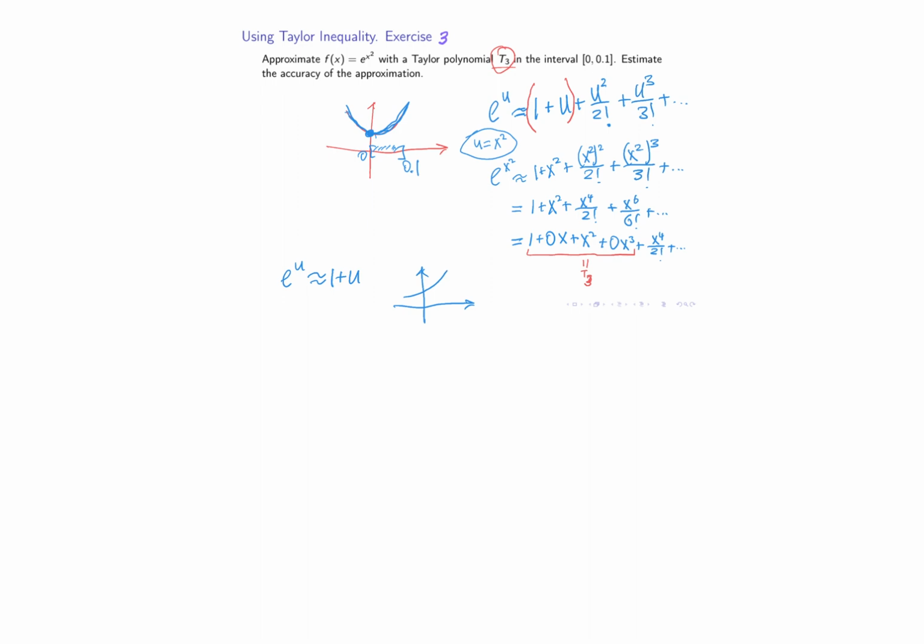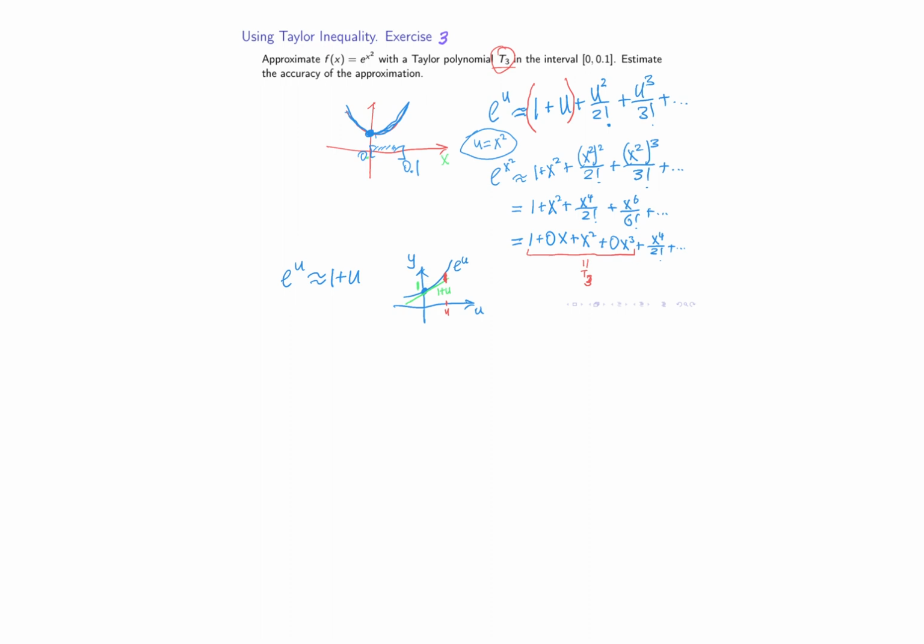That's a linear approximation. Let's make a picture. Okay, so this is the exponential function e to the u. The horizontal axis is u, and this approximation with 1 plus u is basically the tangent line approximation. So essentially we are estimating the gap between the two for an arbitrary u. In our original interval, x was running from 0 to 0.1. Now remember that u is x squared.